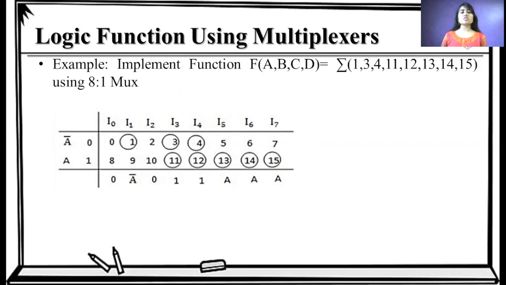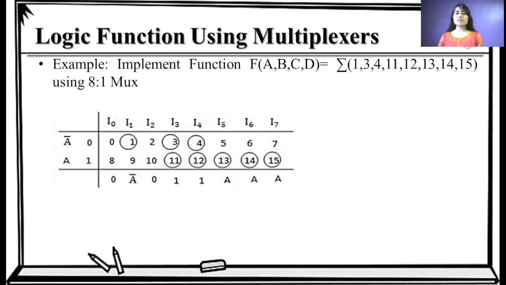If A is equal to 0, it means A dash, and if A is equal to 1, that means A. So this is how we represent row wise and column wise. Now place the numbers 0, 1, 2, 3, 4, 5, 6, 7, up to 7. Then the next row 8, 9, 10, 11, 12, 13, 14, 15.